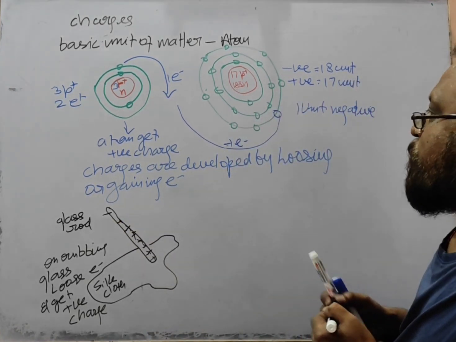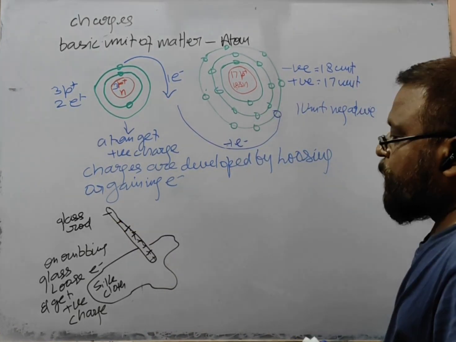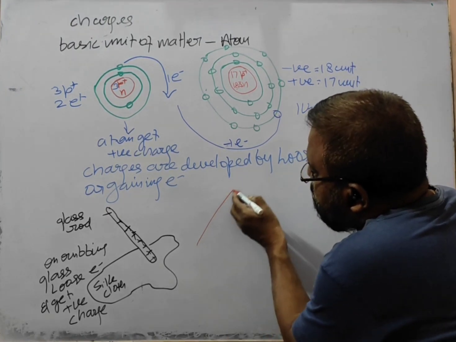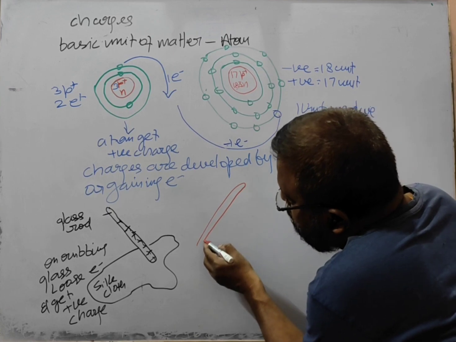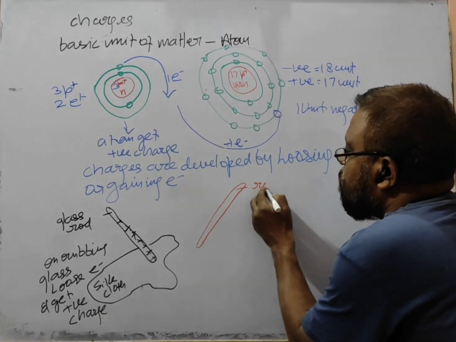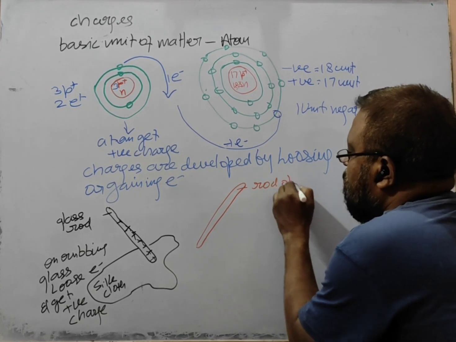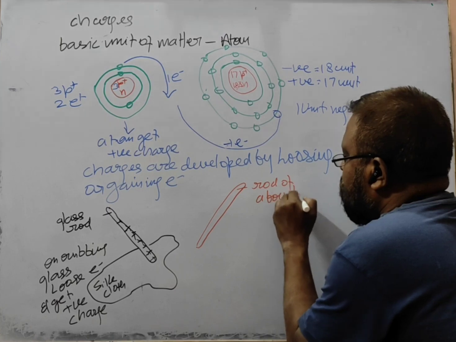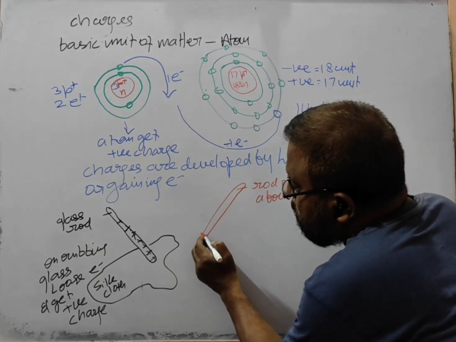And if you take a rod of ebonite and rub it on wool, then the glass loses electrons, and here the ebonite rod takes electrons from the wool.